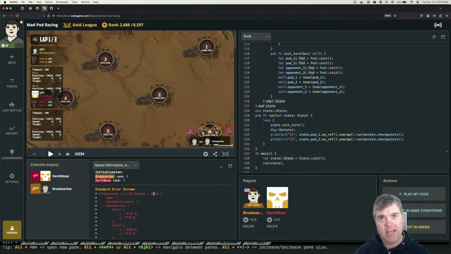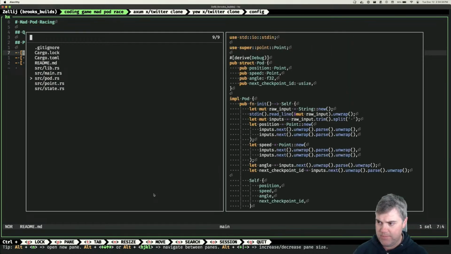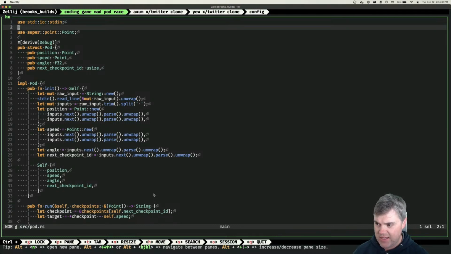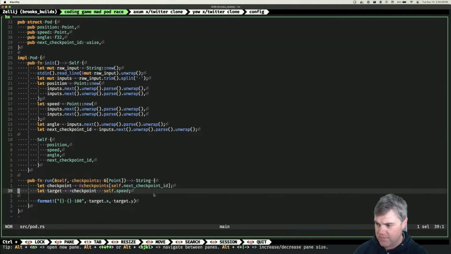I'm curious how the angles are working because I'm not completely sure I understand. So I want to print out what the angles are. That's where we're going to start. For a pod, maybe I want to print the angle.